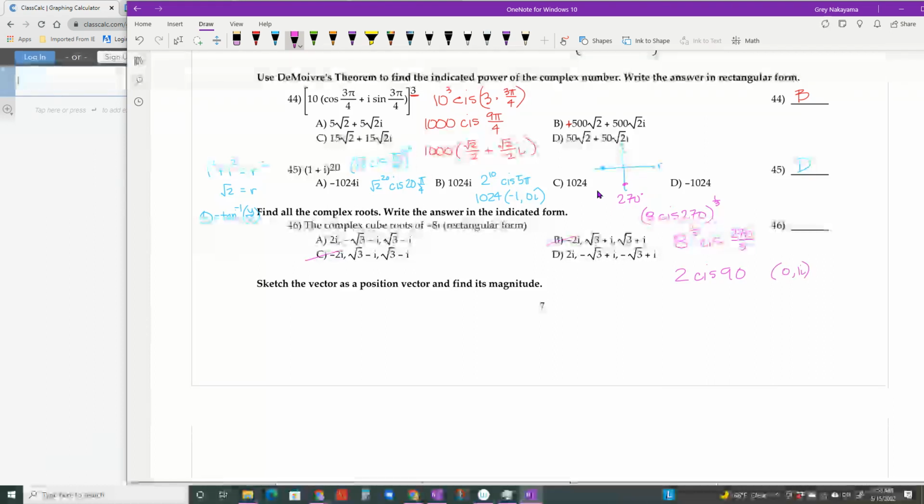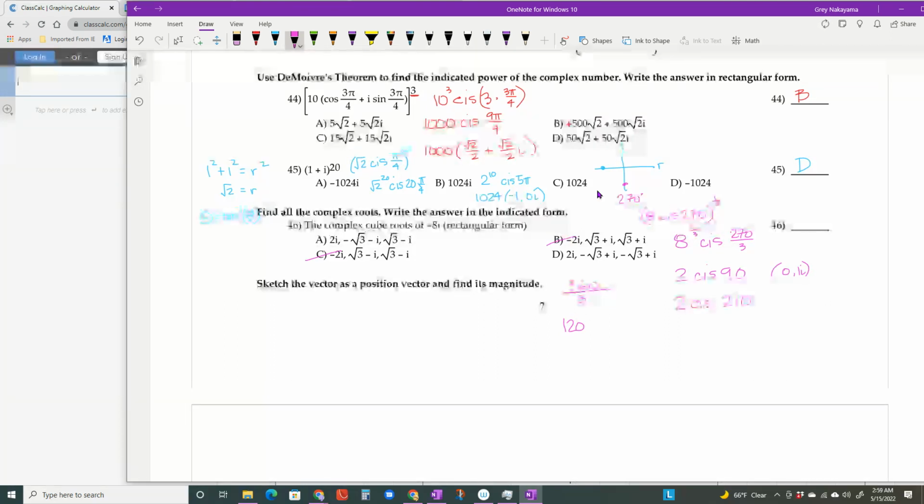Of course, i. Okay? The other way to find the other ones, y'all, is you take 360 and divide by how many roots you're finding, which is 3. So I'm going to add 120. That gives me 2 cis 210. Where's 210?